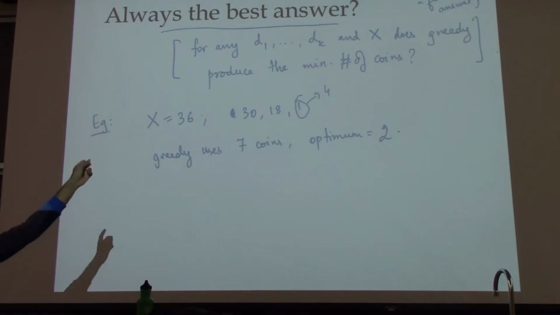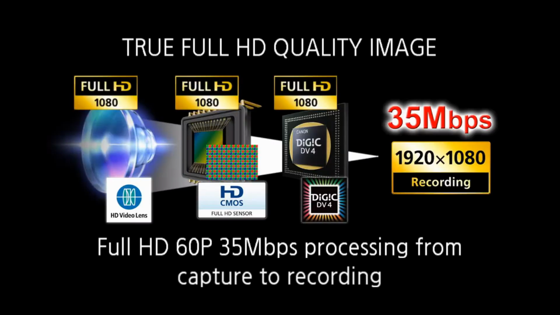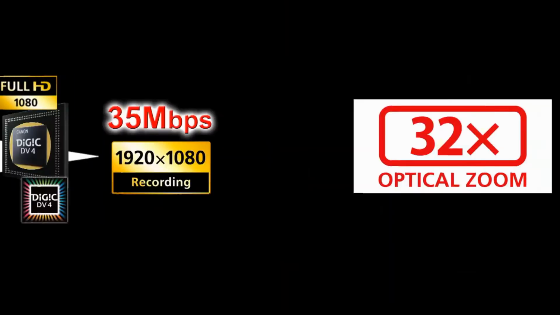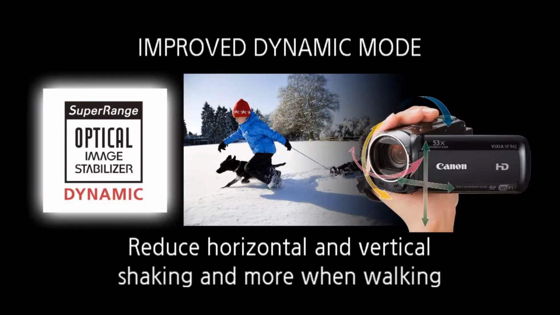In general, problems like this are actually NP hard. You give a bunch of values and some target x, and you ask if there's a subset of these that add up to x. This is what is called the subset sum problem, and it turns out to be NP hard. The sense in which it's NP hard we will see when we come to the NP hardness section of this course.